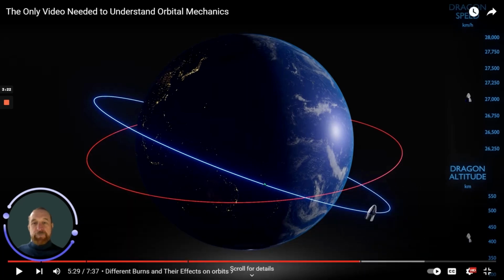So this is, as a side effect, a good example of inclination. If we say the red orbit is 0 degrees, now we're on a new orbit that, if 90 degrees would be here, then this orbit, I don't know, maybe that's 30 degrees, 25.